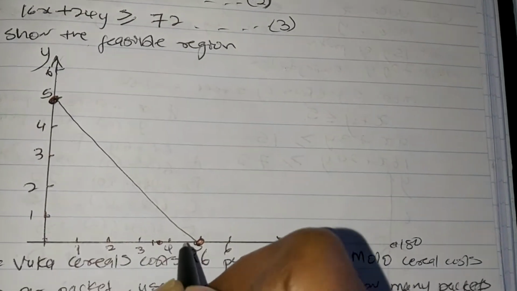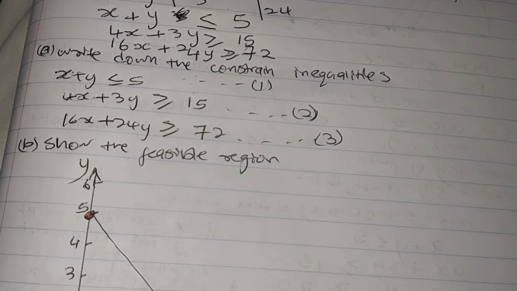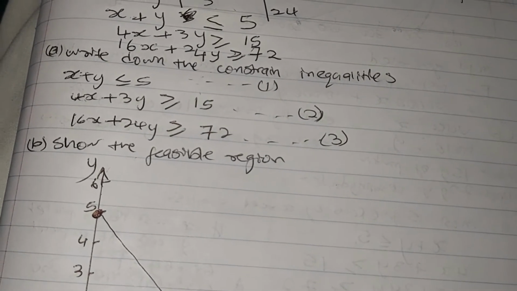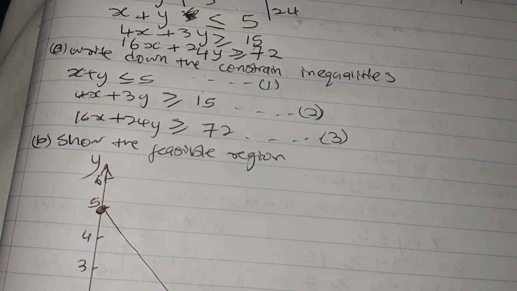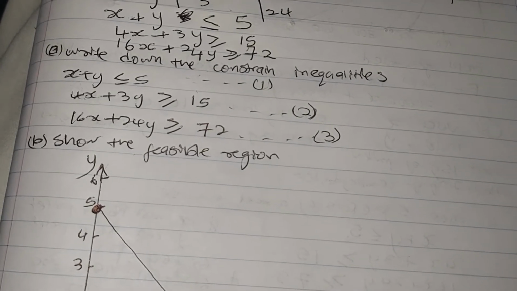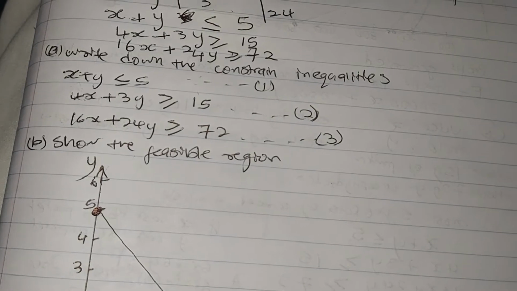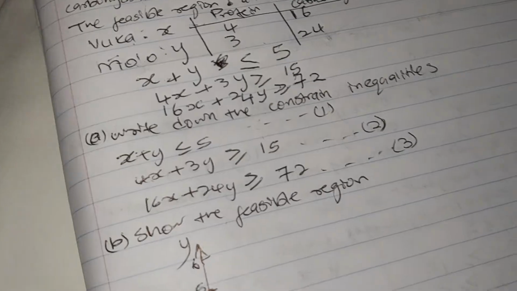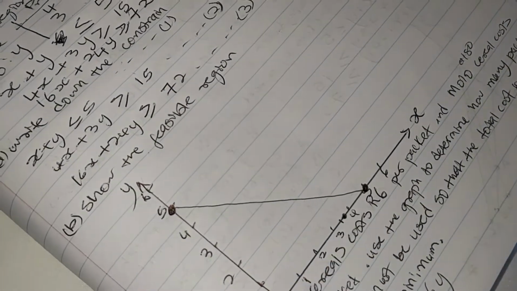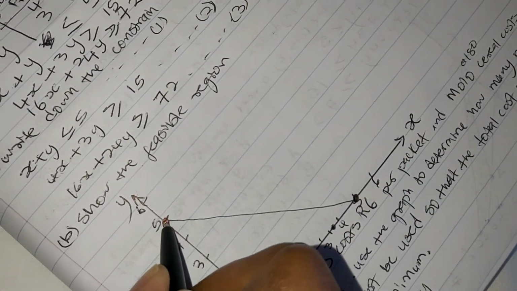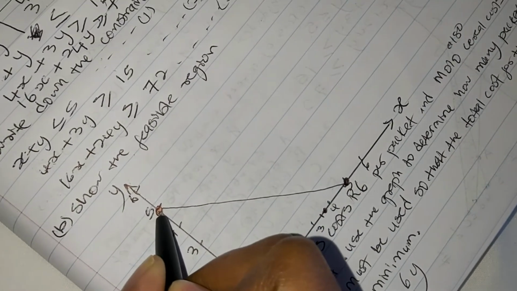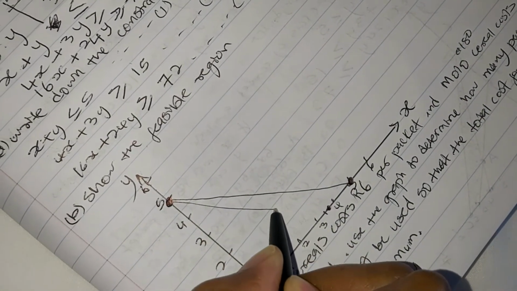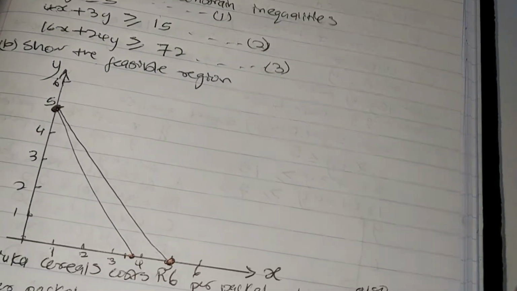It's somewhere here. Then if x is 0 from the very same equation, the y-intercept, y will be 15 divided by 3, which is 5. So there is our y-intercept. Then let's draw the graph between these 2 points, 5 and 3.75. So that's our second graph.